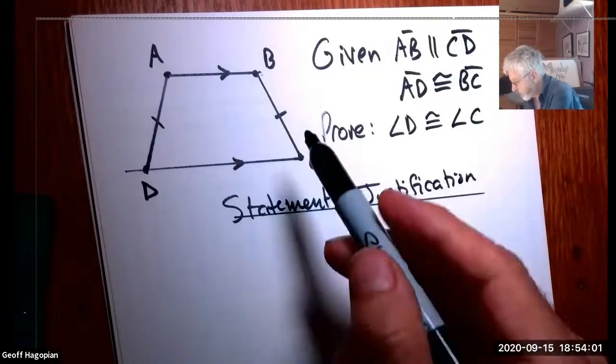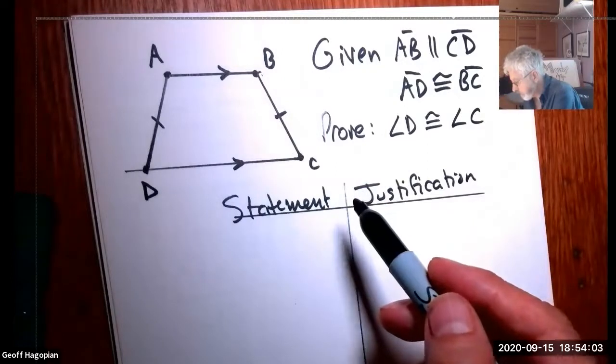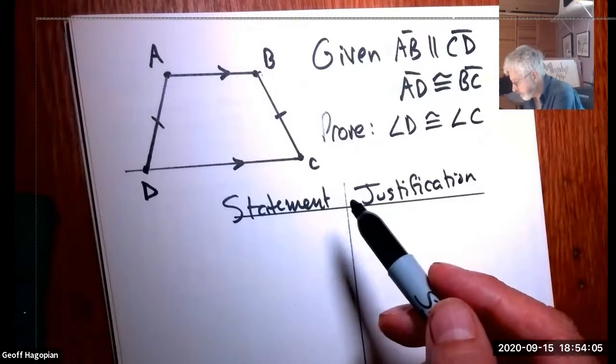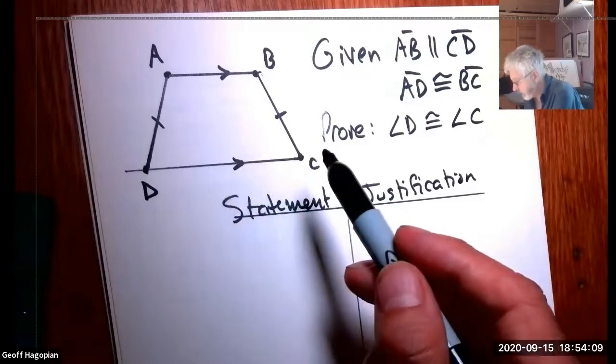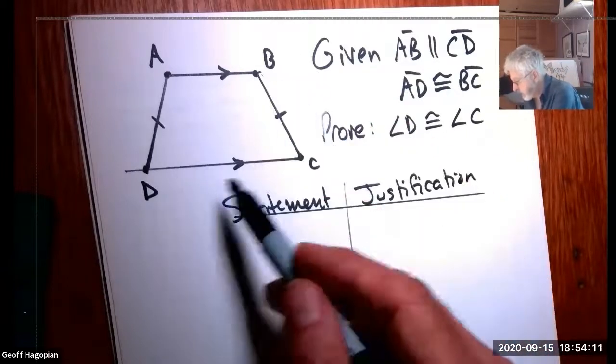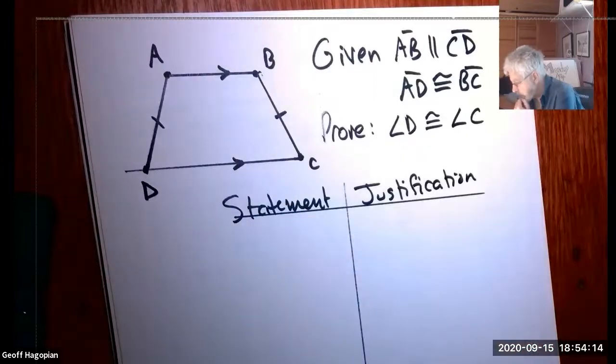And you could prove that triangle ADC is congruent to triangle BDC. I think that would be easily enough done.